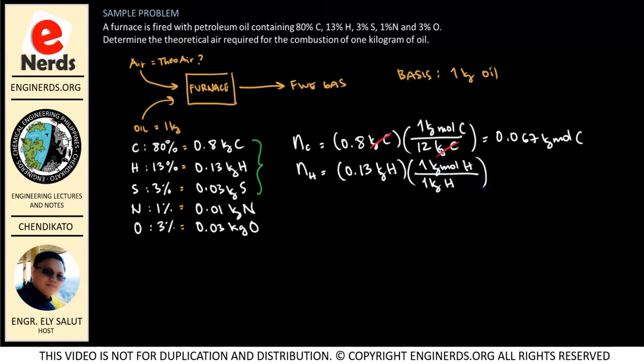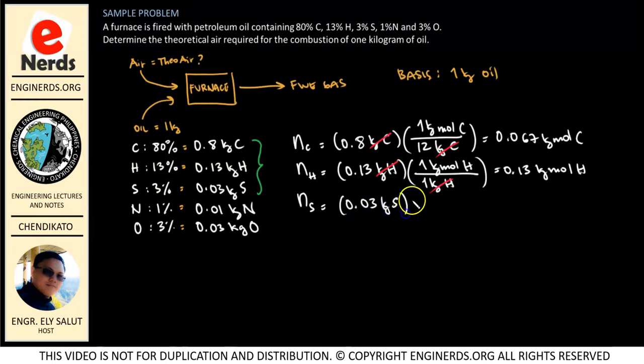So, we just divide it by, or multiply it by, our molecular weight. This will be cancelled out, so what's left is kilogram mole. So, we have 0.13 kilogram mole of hydrogen.